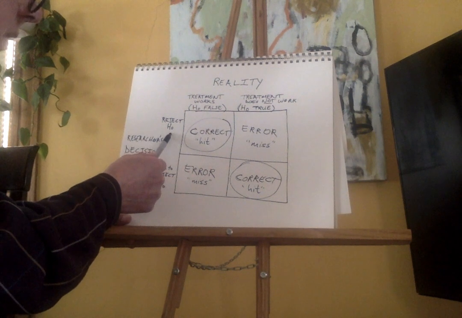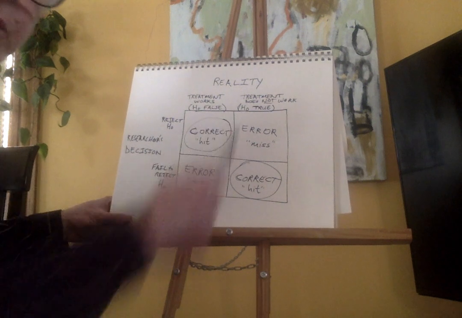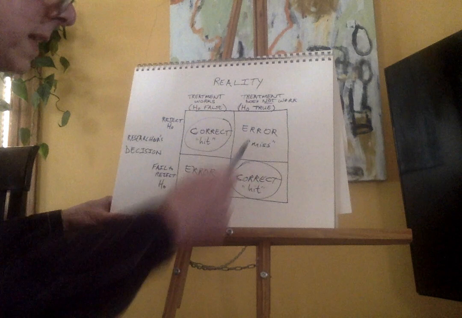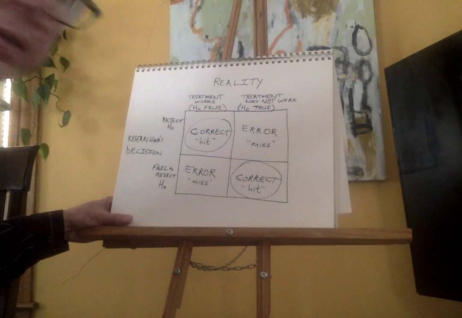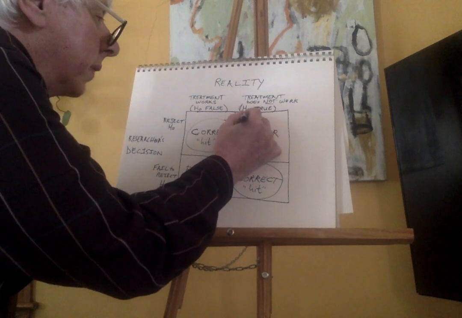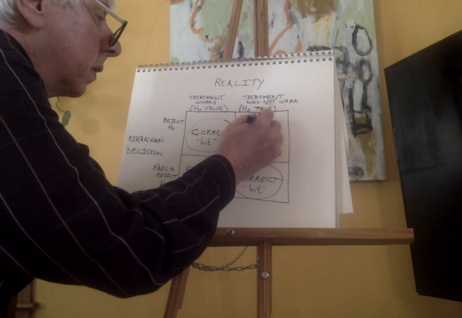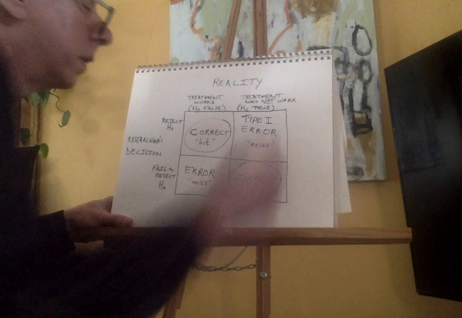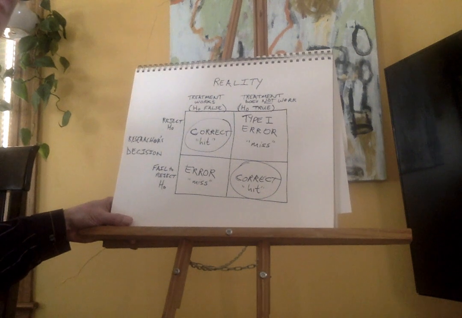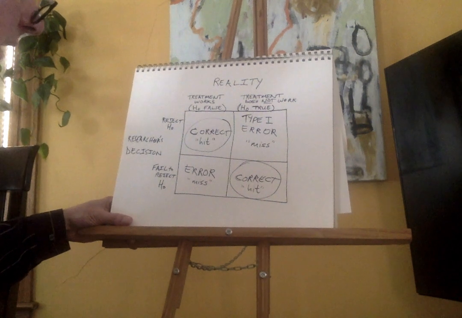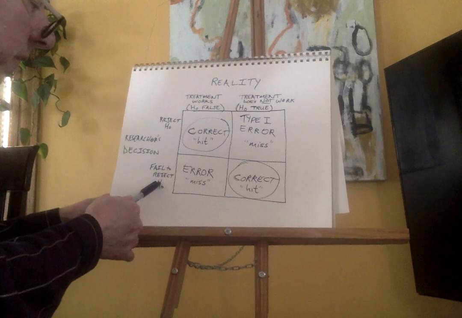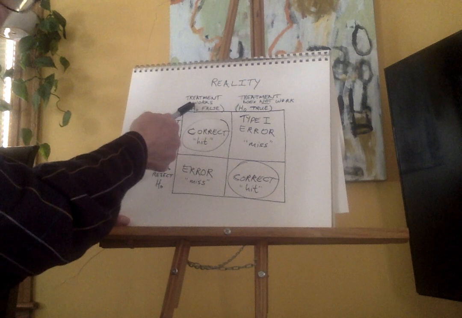We reject the null, but really the treatment didn't work. That's an error, okay? In science, we call this the type 1 error. What's the other error? We fail to reject. We say, I don't think there was a treatment, but the treatment worked.